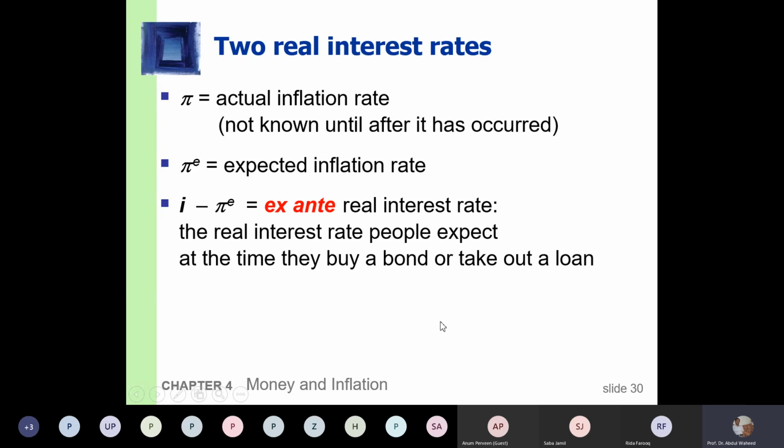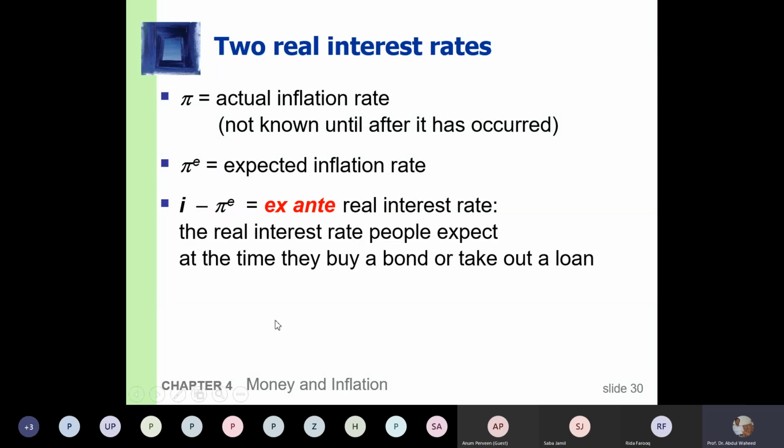If I am buying a bond or depositing my money, I know the nominal interest rate, suppose it is 10%. If I am expecting an inflation rate of 8%, my ex ante real interest rate would be 2%.